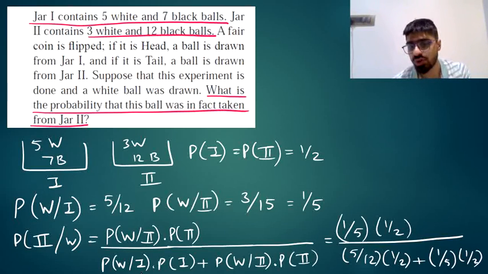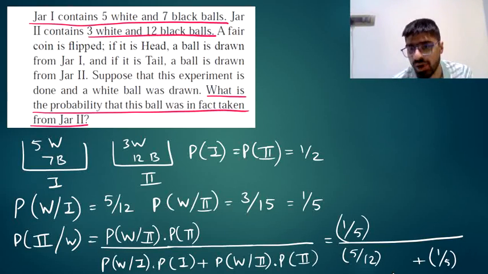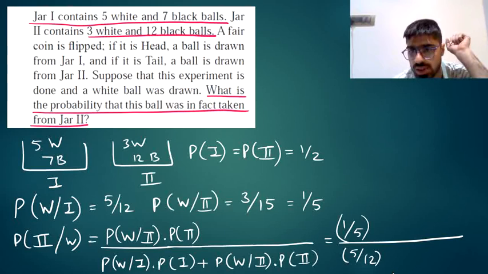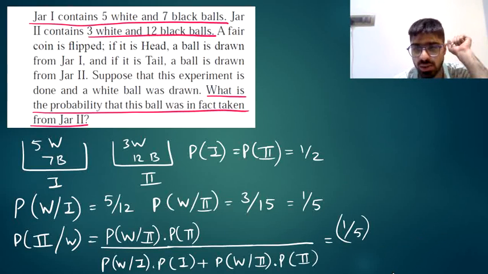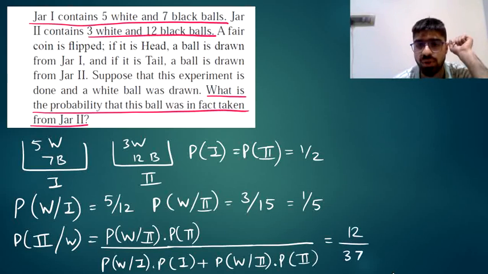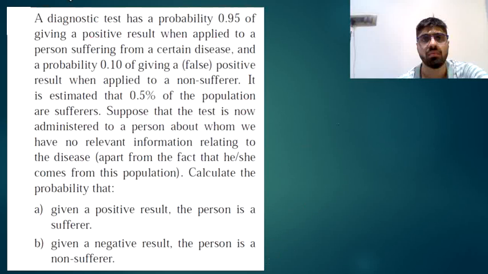So you can pull out this half common from the two terms in the denominator, cancel it with the half that you have in the numerator. So you have 1 by 5 upon 5 by 12 plus 1 by 5. 5 by 12 plus 1 by 5, that will be 25 plus 12, which is 37, 37 upon 60. So 37 stays down and 60 goes up. 5 can cancel off 60 and make it 12. So you have 12 upon 37. And yeah, that's what the answer for this question is going to be.